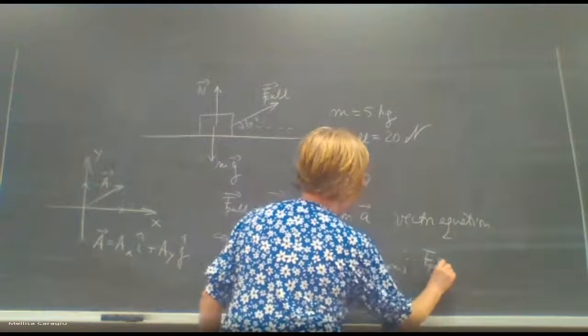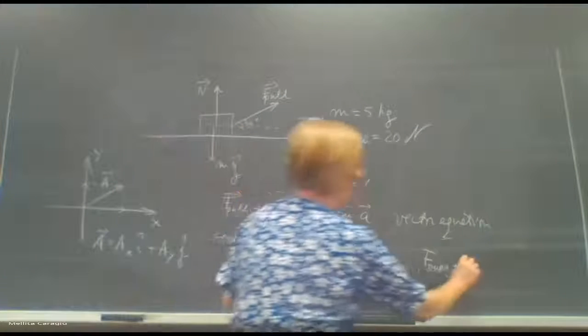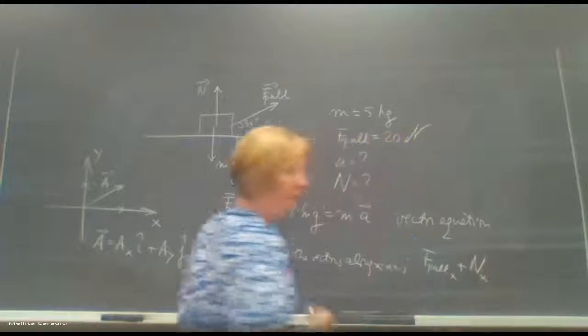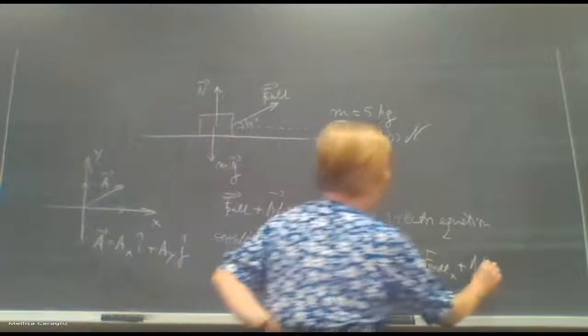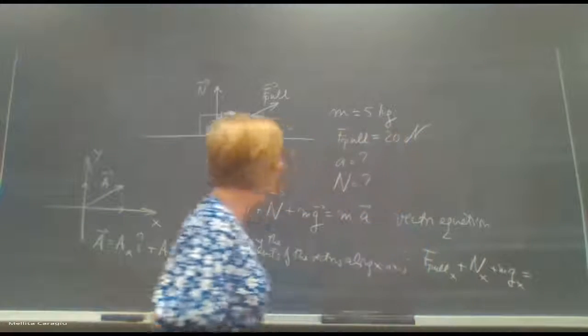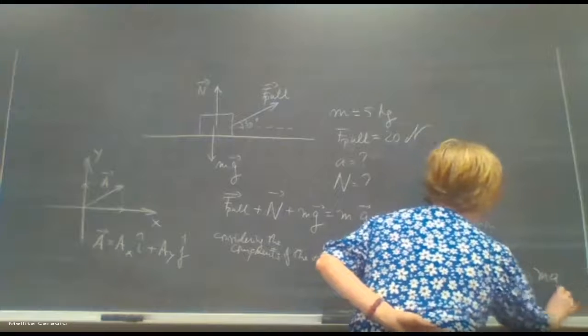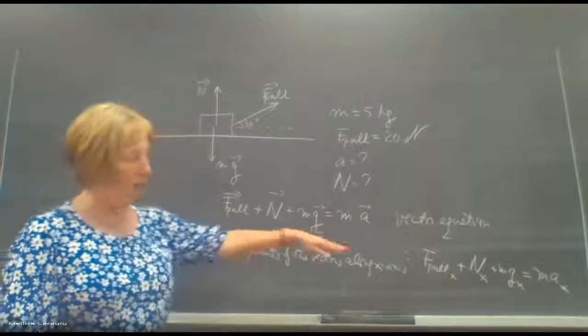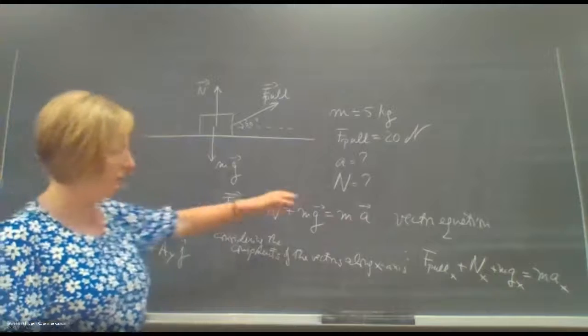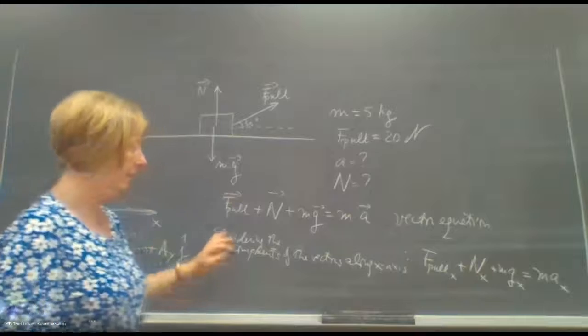So F pull along x plus the component of n along x plus the component of mg along x equals mass times acceleration along x. So that would be one scalar equation. All of the vectors, but we consider only their components along x-axis.